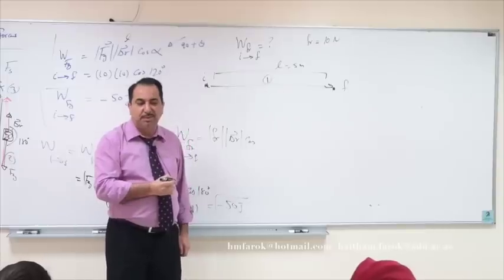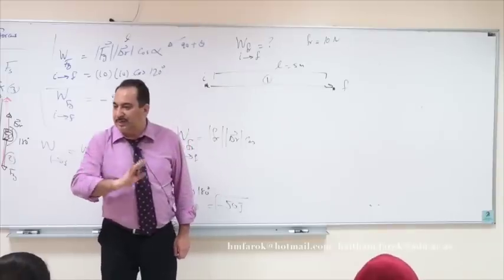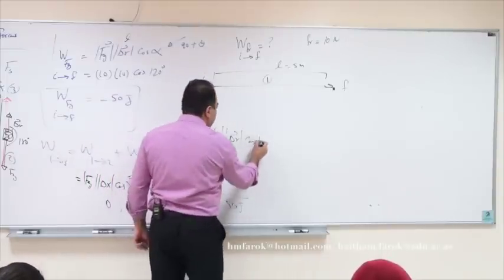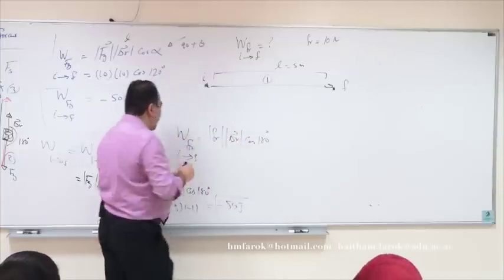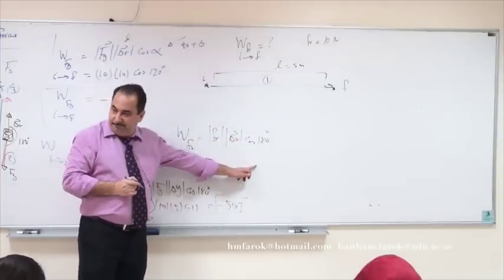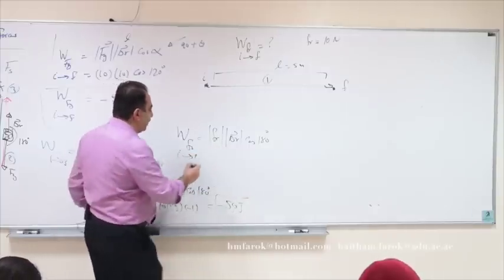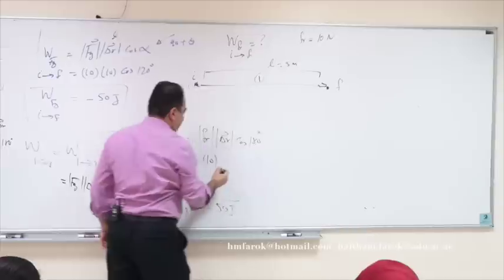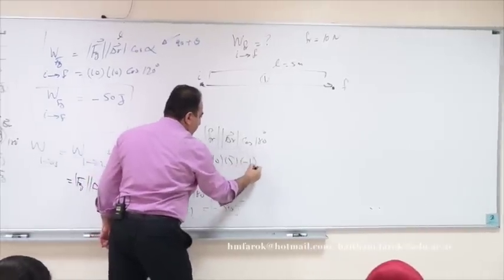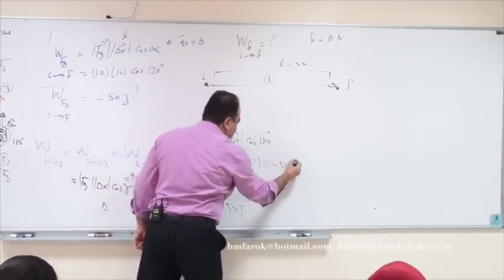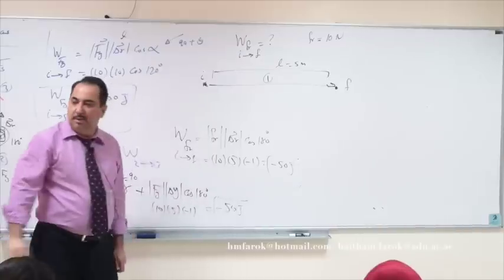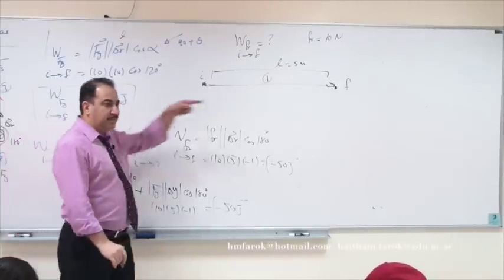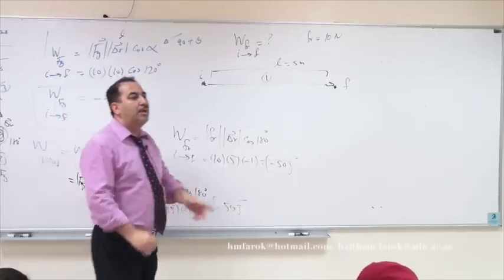Friction force, 180, always, always. So the work of friction is always negative. Now what is Fr? 10. Delta R by minus 1, it's minus 50 joules. Yes? This is in which path? Straight. Now I'll choose another path.